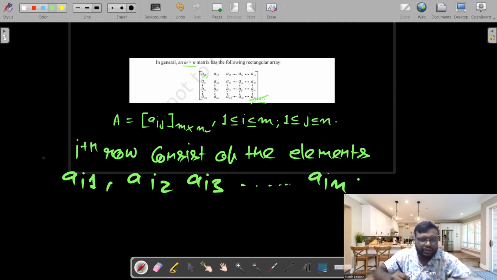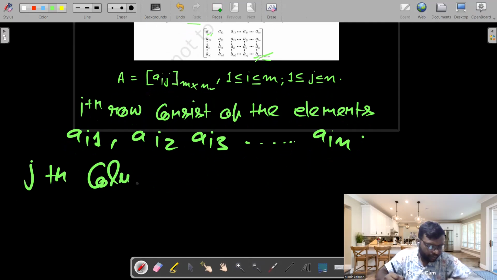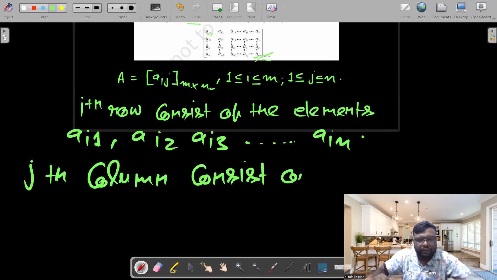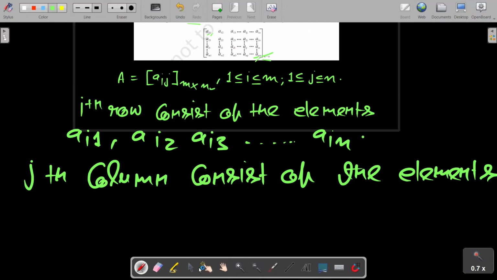Now we will see jth column consists of the elements.